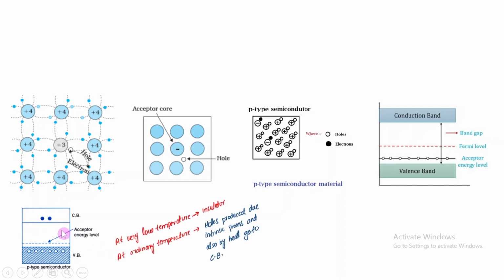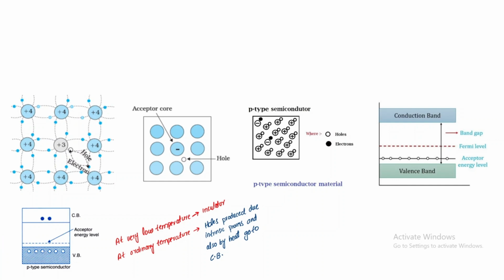At very low temperature, this behaves as an insulator. At ordinary temperature, holes are produced due to the intrinsic process and also by heat, and electrons go to the conduction band. The holes in the valence band are responsible for the conductivity of this material if we provide an external battery.